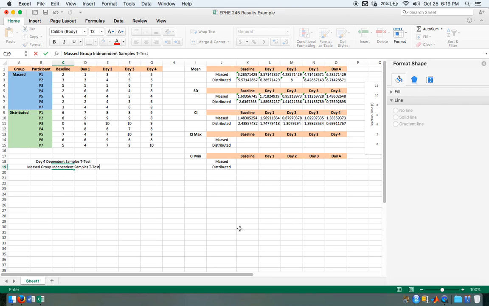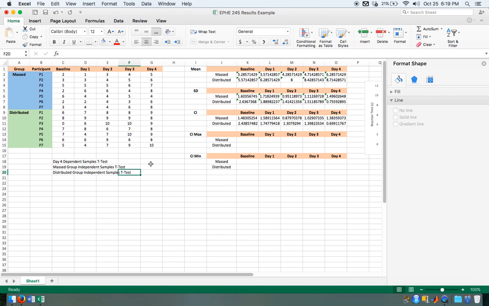And I'll tell you what those dependent and independent mean in a second here. And then distributed group independent samples t-test. Okay, so I'm going to put those there.